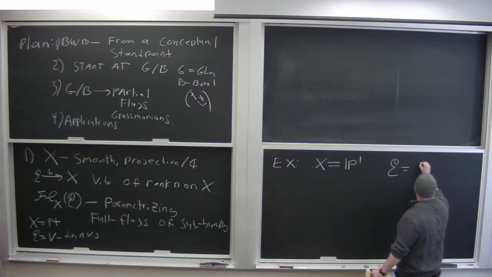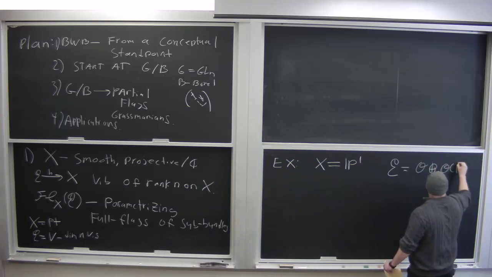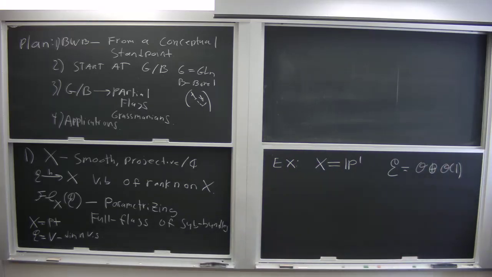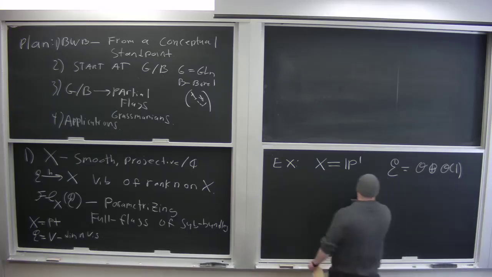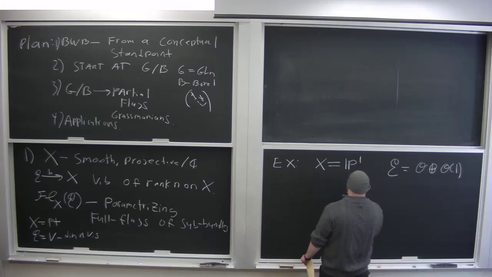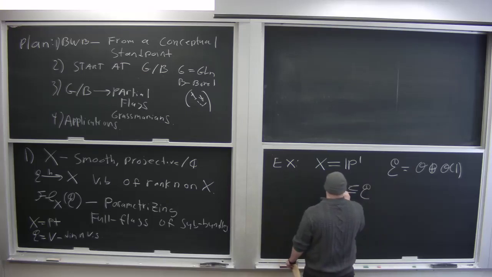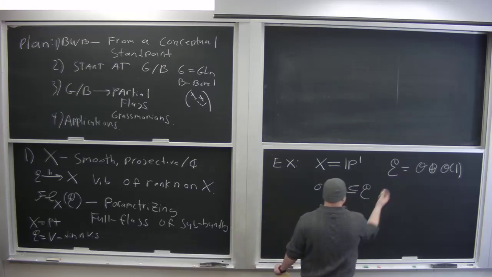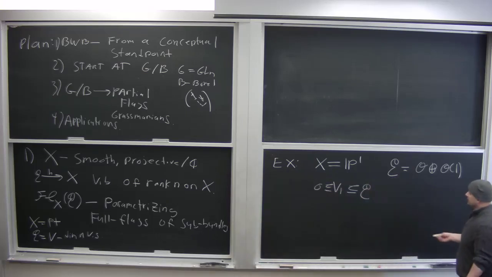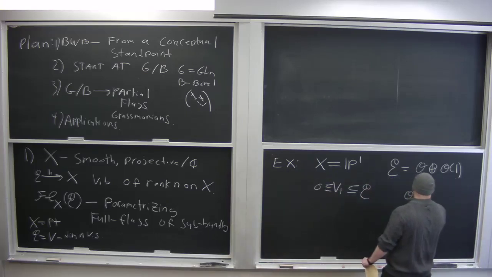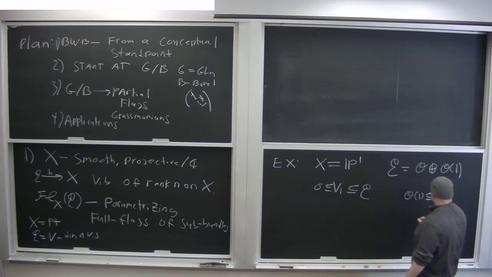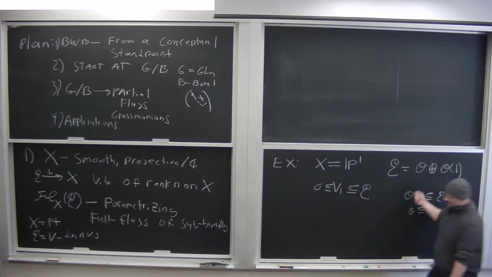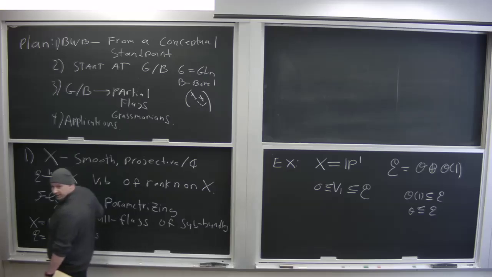Okay, maybe I take it to be O plus O(1) here. This is rank 2, so I want a rank 1 subbundle of this. For example, something inside the flag variety would be O(1), which is a subbundle of E. So that would be something. I've also got O, which is a subbundle of E. That would give a different point inside of this thing here.